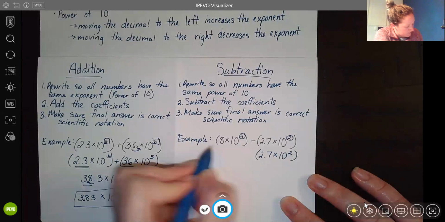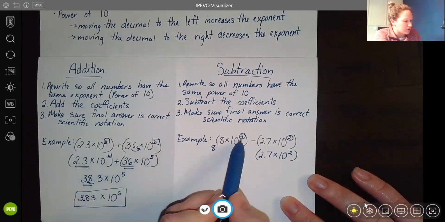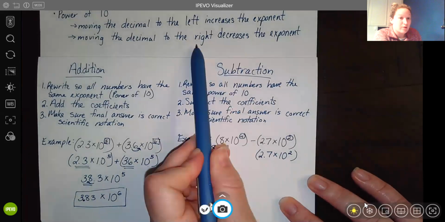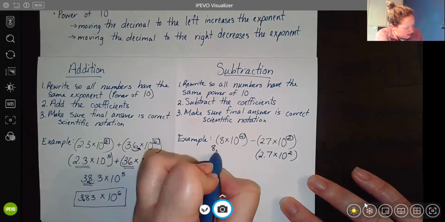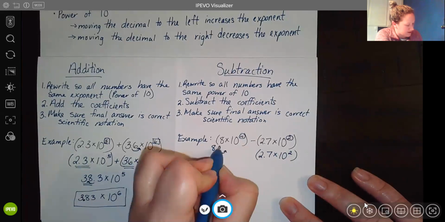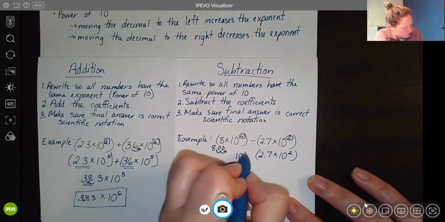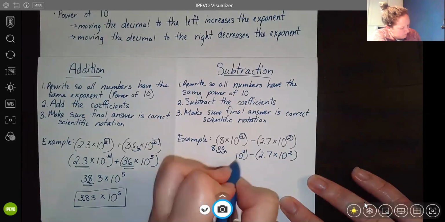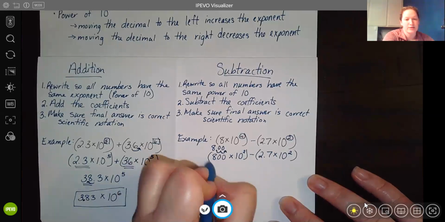I have 8 times 10 to the power of 4, but I need to decrease it from 4 down to 2. So I'm going to move my decimal to the right. I'm going to shift the decimal that would be at the end of 8 two times, because I need it to go from 10 to the 4th, drop down 2 times so that it's 10 to the 2nd. So this would be 800 times 10 to the 2nd.